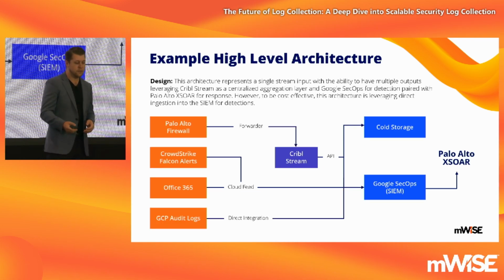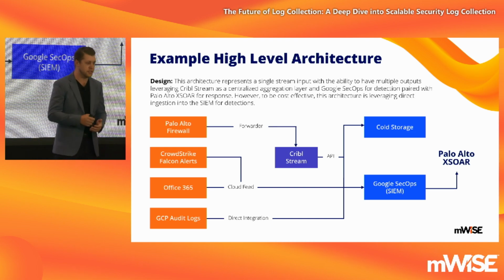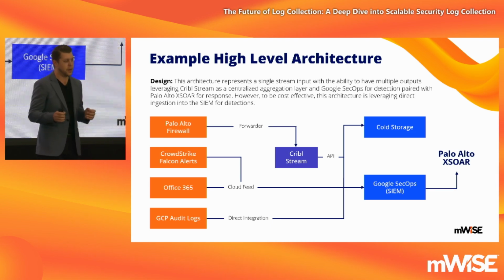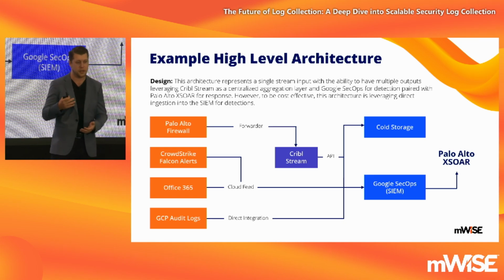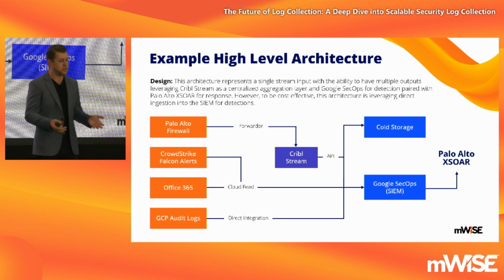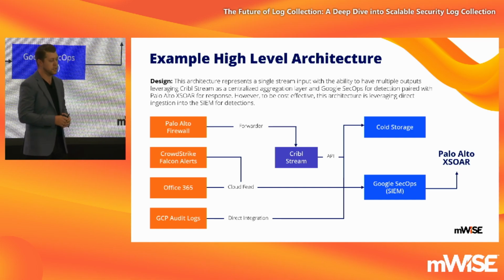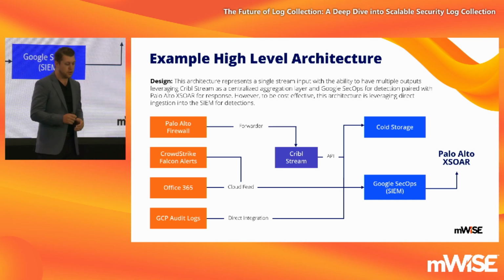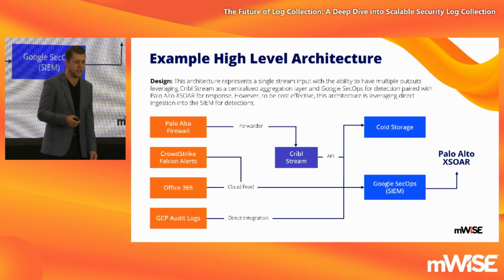However, unfortunately, that's a perfect world. And when we go into an organization, it's never the case. We got to think about cost implications, think about dependencies, got to think about tech debt. So this is something that would be a little bit more realistic when you go into a security organization. So one of the callouts here is if we're using Google SecOps, they do have a cloud feed integration.